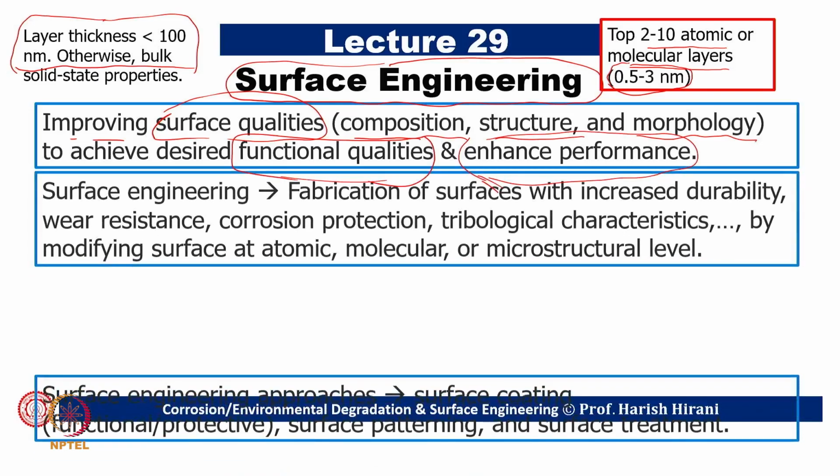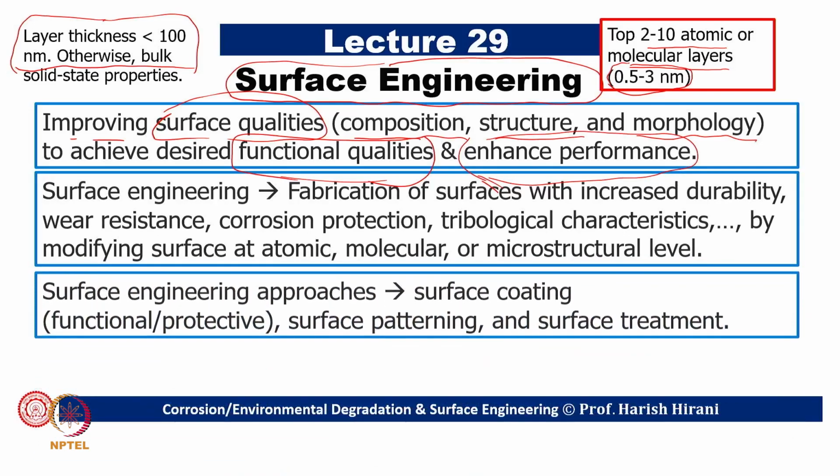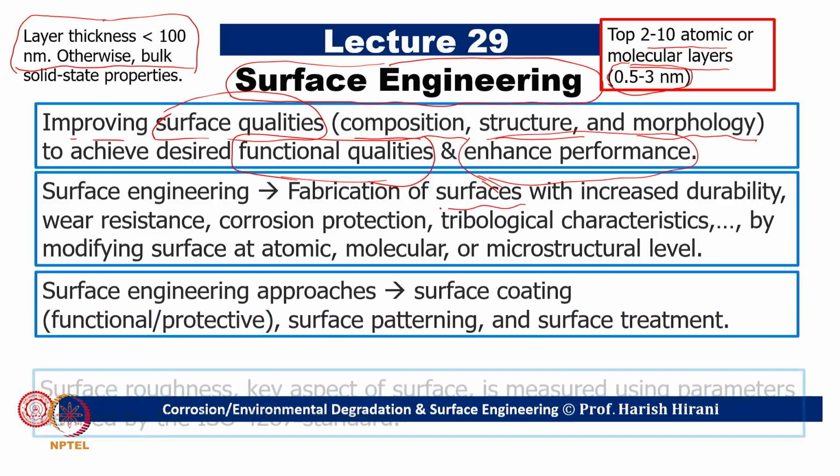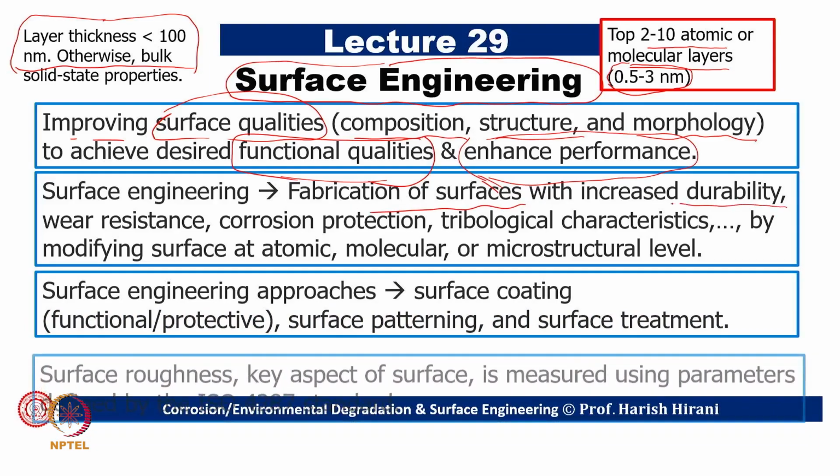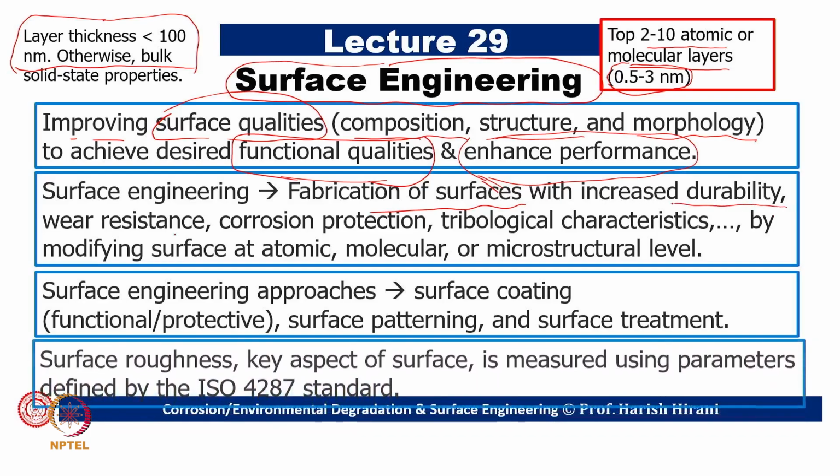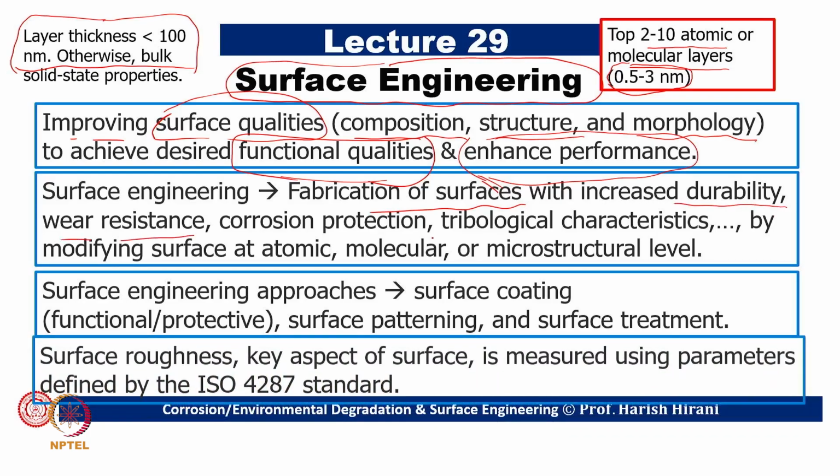So, in short I can say surface engineering is basically the fabrication of surfaces which can provide higher durability, higher wear resistance, higher corrosion protection, and better tribological characteristics. And how do we do that? By modifying the surface at the atomic level, molecular level or microstructural level.